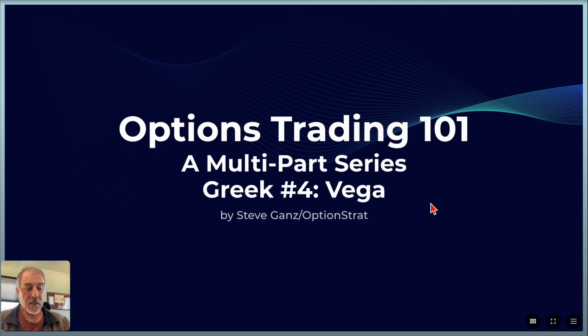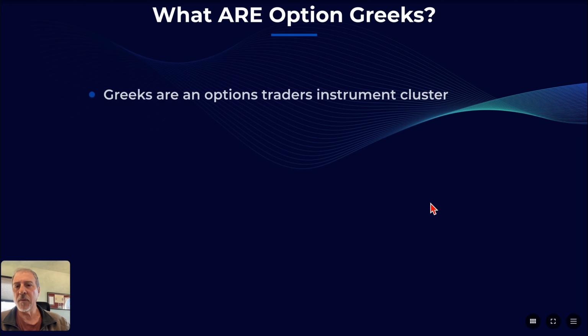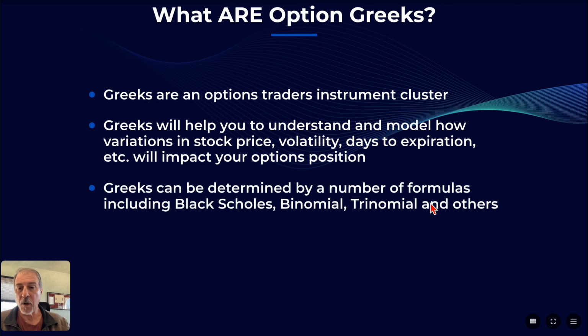So Vega is probably one of the more important Greeks. They're all important, but just to review again what the Greeks are, they're an options trader's instrument cluster. They help you understand how to model the variations in stock price, volatility, days to expiration, etc., and how those different variations are going to impact your overall position.